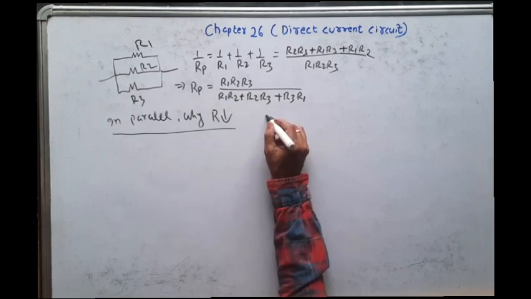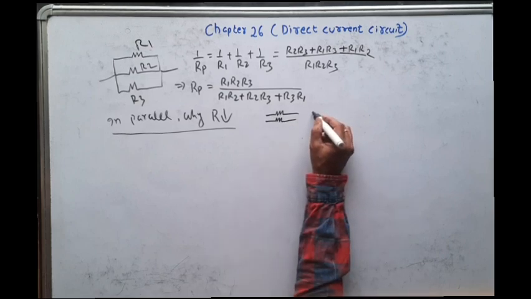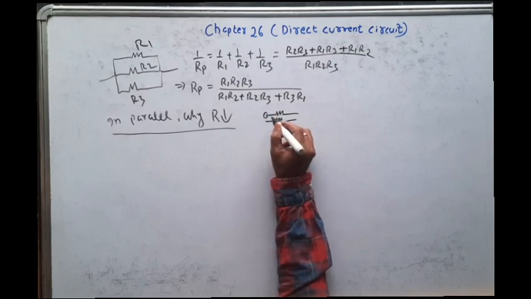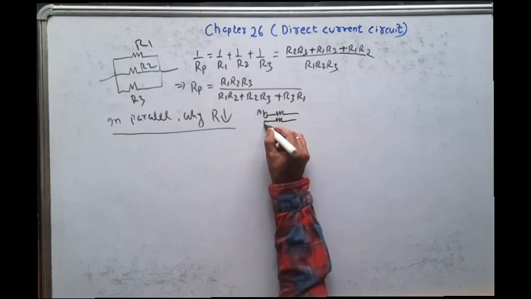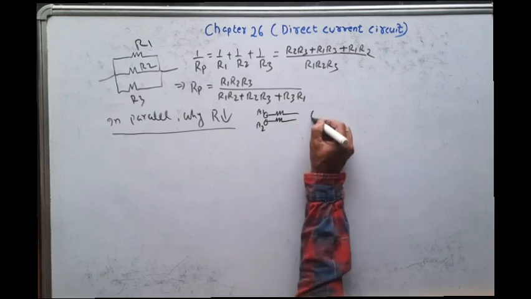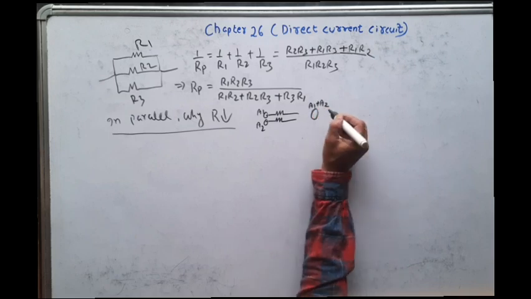Now you see, suppose this is a resistor R1, this is another resistance R2. If we connect them in parallel, what will happen? Here let us say the area of cross section is A1. Here the area of cross section is A2. When both are connected in parallel, the net area will be A1 plus A2.